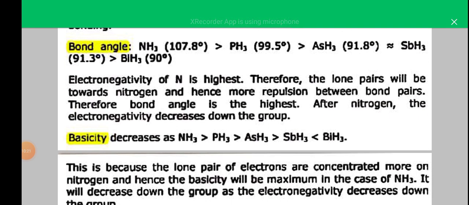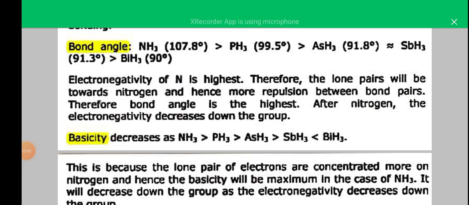Now, the bond angle order of trihydrides of group 15 elements: the bond angle of NH3 is greater than that of PH3, greater than that of AsH3, which is equal to that of SbH3, which is greater than that of BiH3. Values are given; just remember the order.